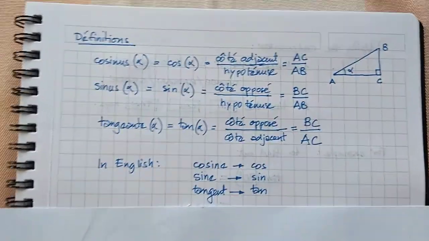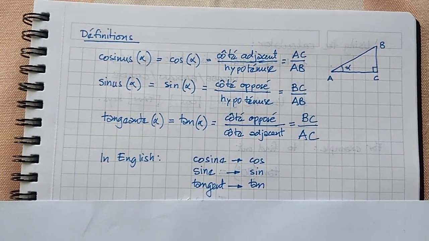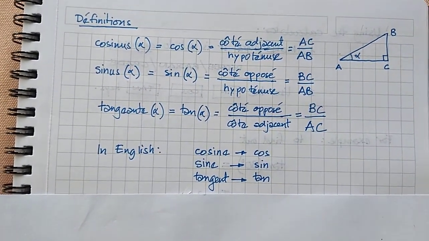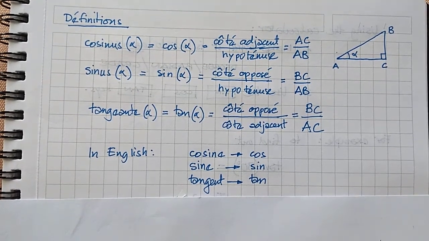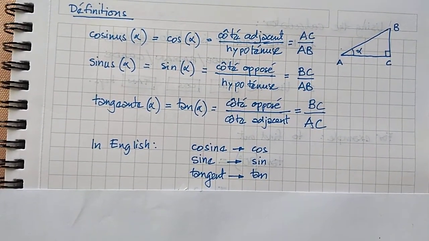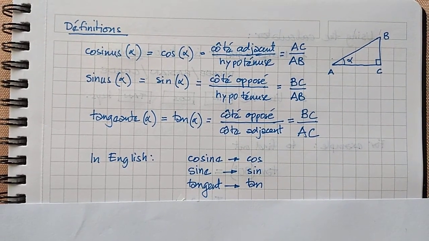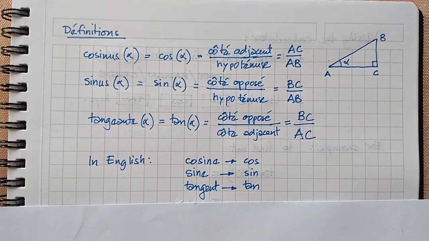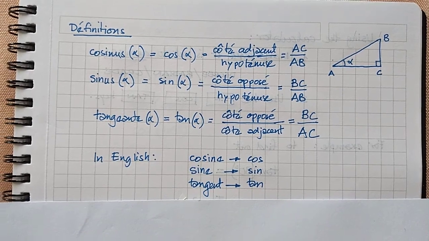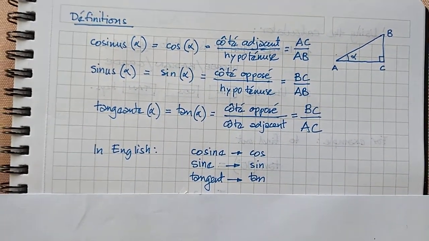Now we have named these ratios, but what's the use of naming them? By naming them you don't really gain anything. But over the hundreds of years, people have measured these ratios and have noted them down.